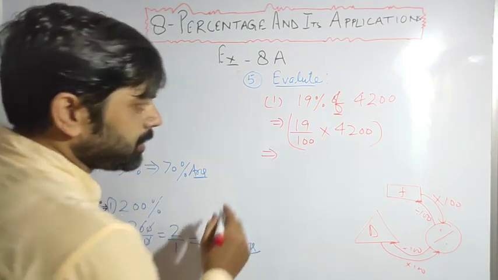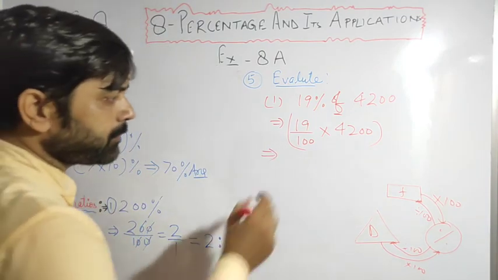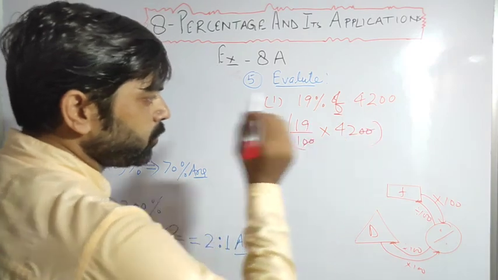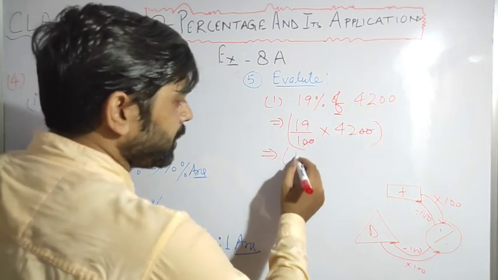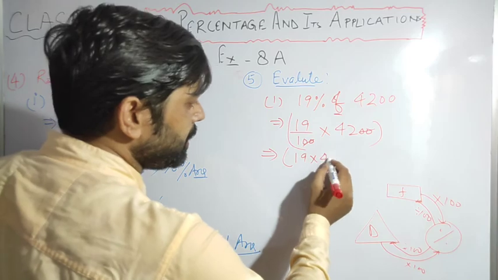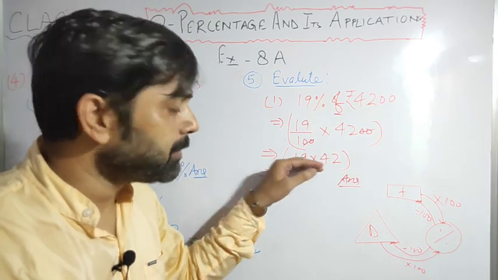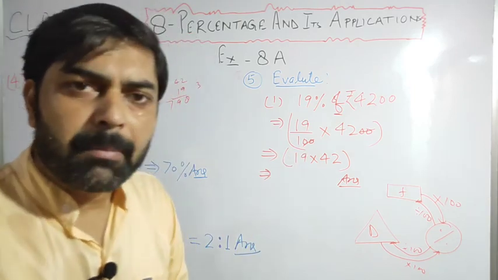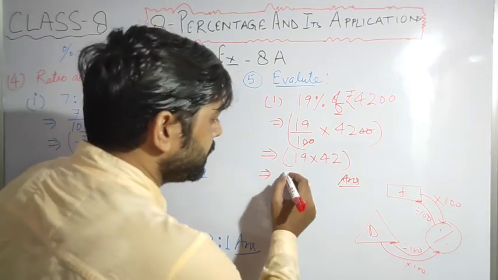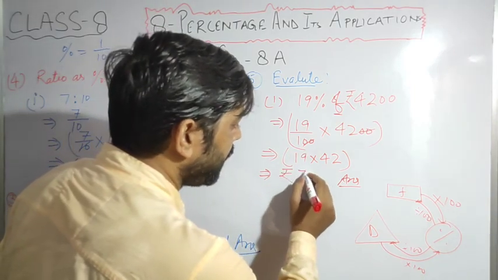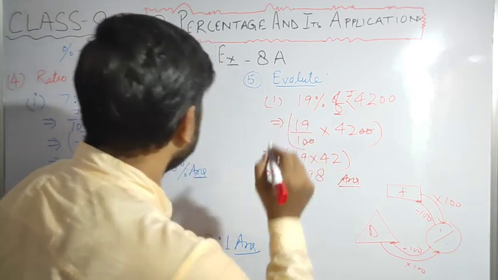So students, now you can easily solve. Two zeros cancel. So what is left here? 19 multiplied by 42. What is the answer? 19 multiplied by 42 gives rupees 798.